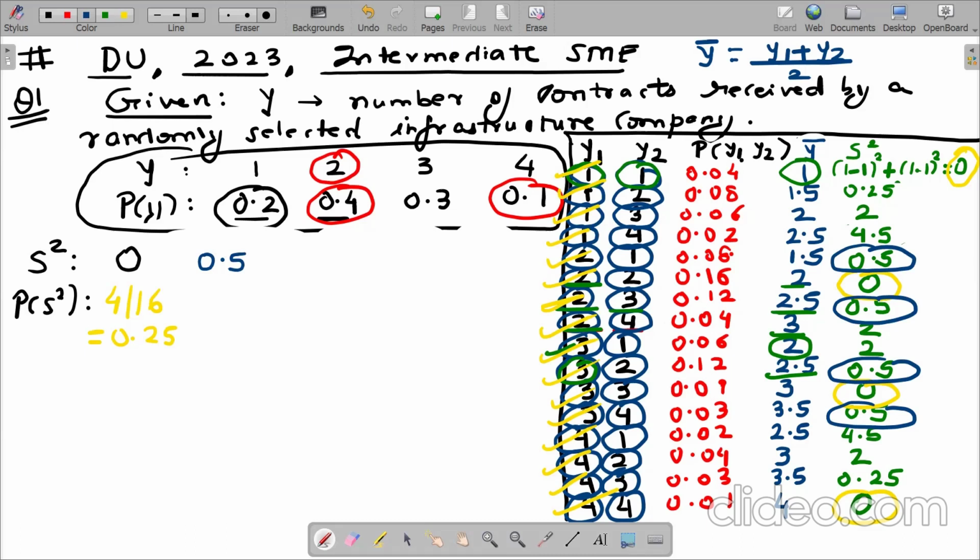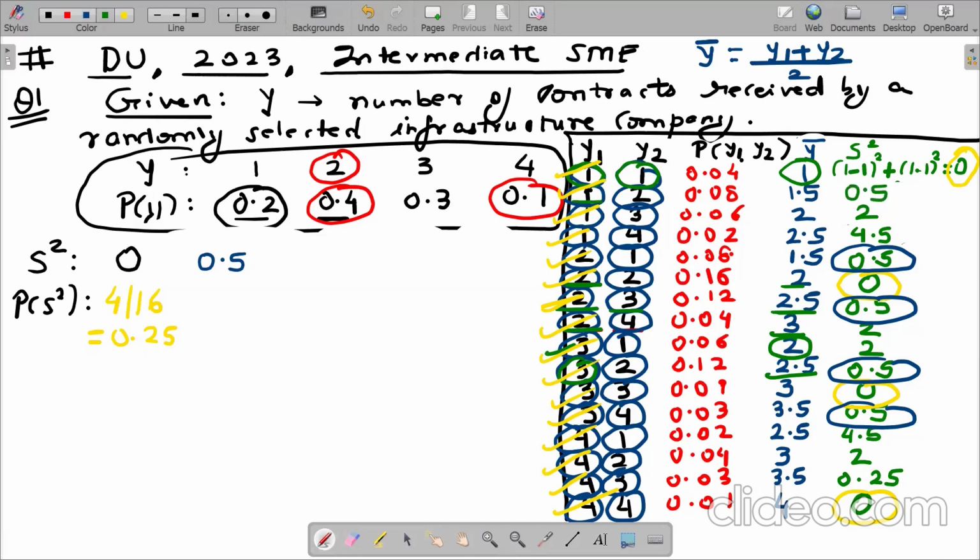So let's double check once again how many times it's taking the value 0.5. Also a slight error I have made. Let me correct that error. There is no value such as 0.25. This is also 0.5. So please correct this. This is 0.5.